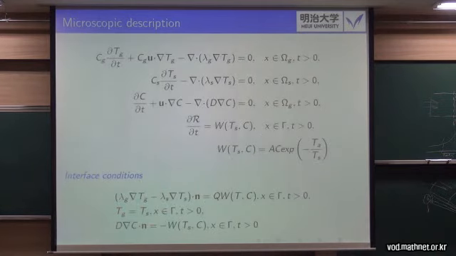Since in this problem we basically have two competing transport mechanisms. The first one is the transport of heat, and the second one here is the transport of mass, of reactants.